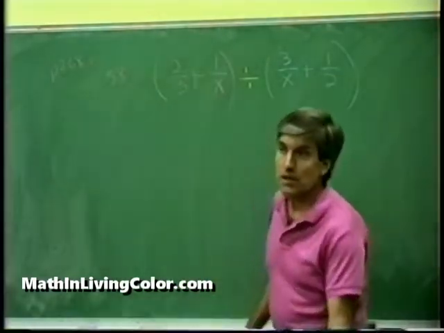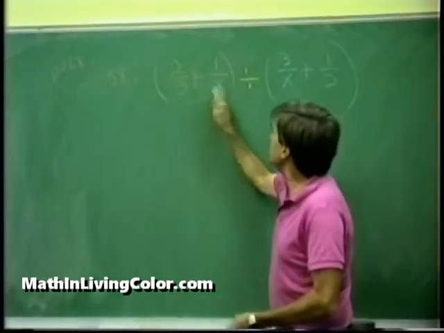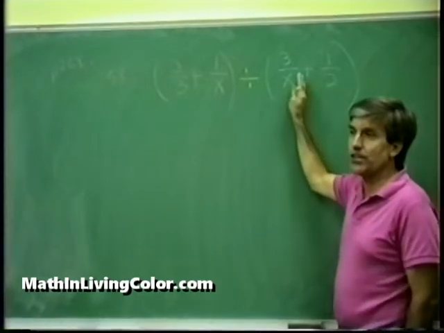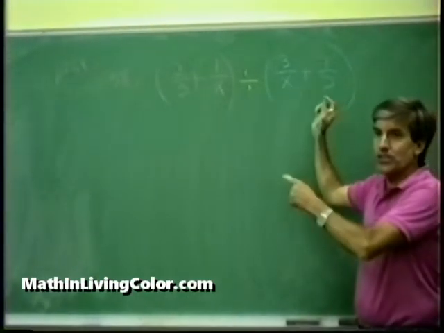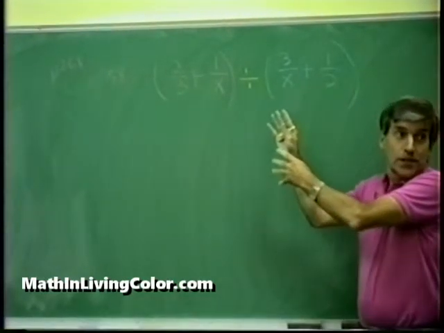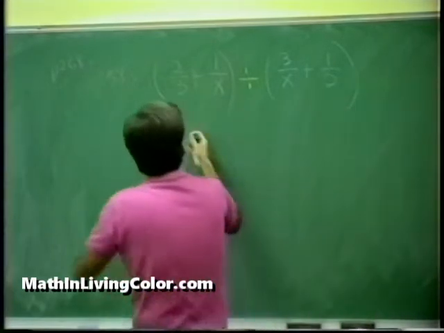Okay? There's the problem. In this case we've got parentheses, divided by, and parentheses. What does the order of operations say you have to do first? Solve each parentheses. Right. Order of operations says you have to do what's in the parentheses first, right? So let's take that as a clue as to what we should do.